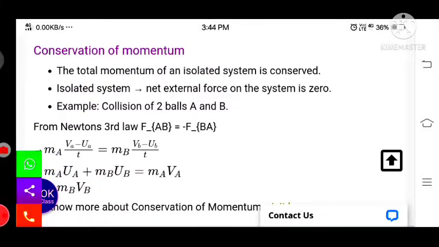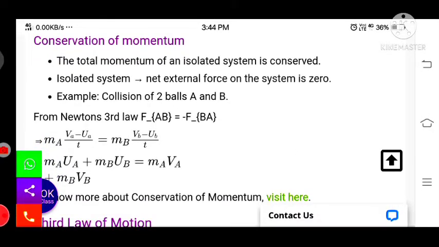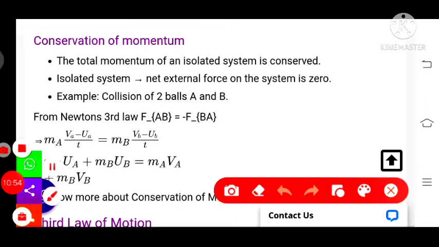So now we come to conservation of momentum. The total momentum of an isolated system is conserved. It means the momentum of an isolated system is the conserved momentum. An isolated system is one where the net external force on the system is zero.